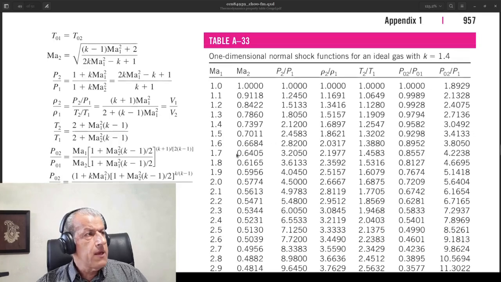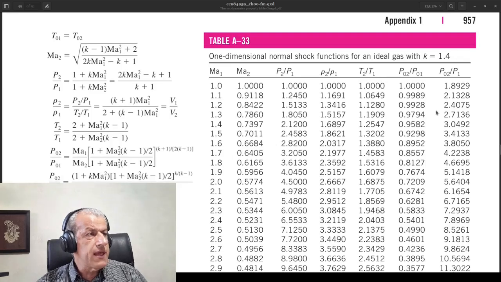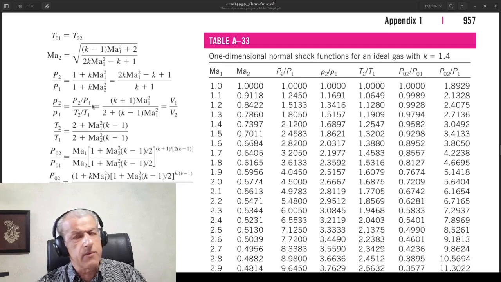And what we have in the shock wave table are, of course, equations, and you see, equations are here. All equations are given values for Mach number M1, and once the Mach number before the shock wave is known, then the rest of the properties follow.